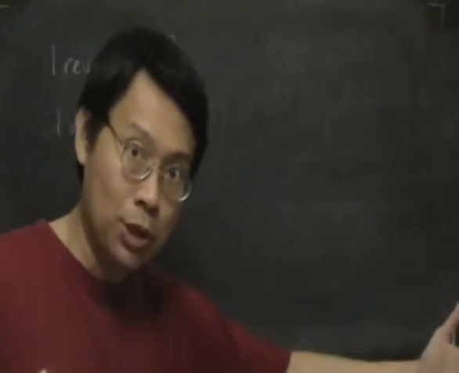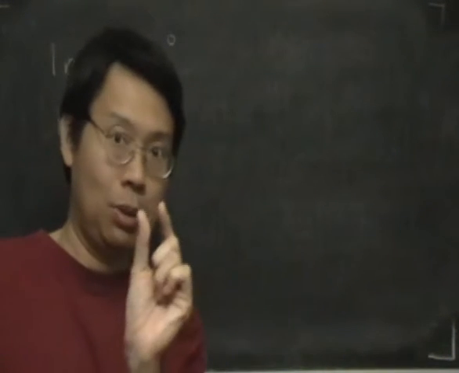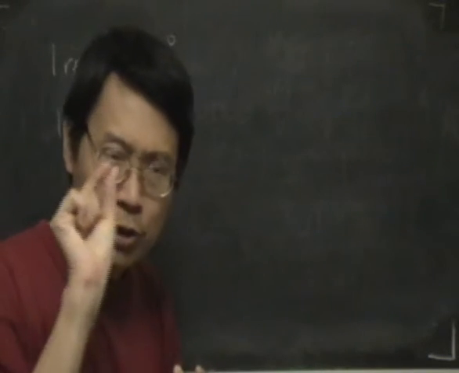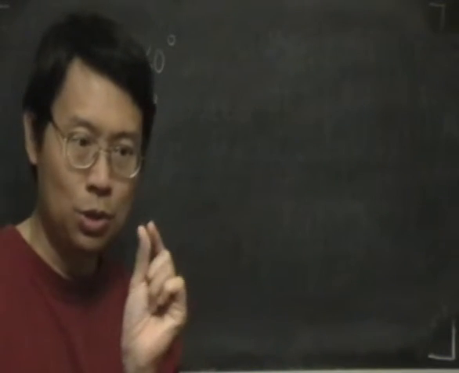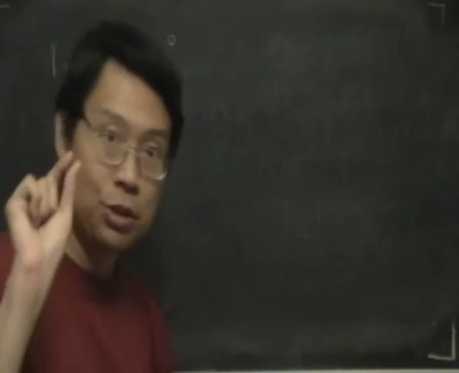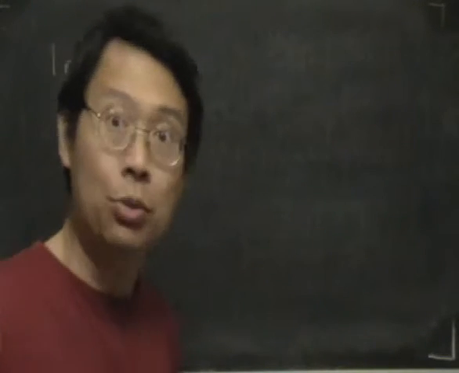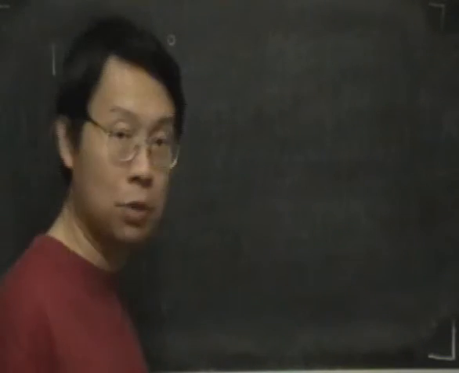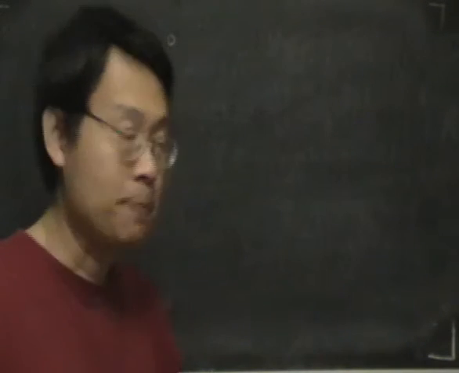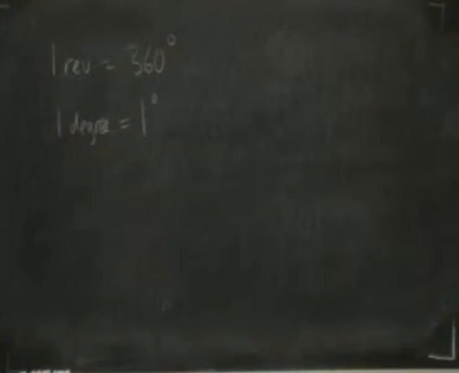But if you want to measure shorter length, you would use centimeter, which is about this long. But if you want to measure very small length, you might use a millimeter or even smaller. If you want to measure the size of a bacteria, you would use 1 micrometer. Or if you want to measure the size of an atom, you would use a nanometer or even smaller units.